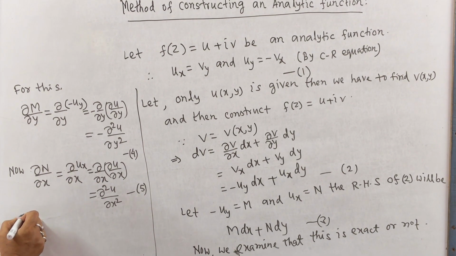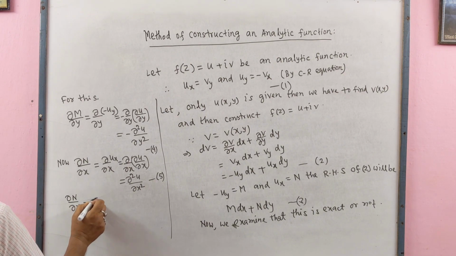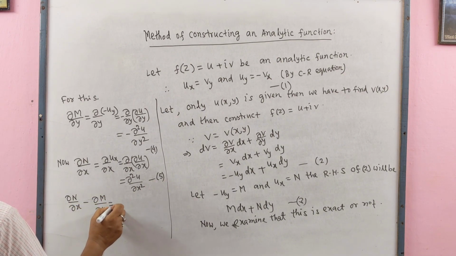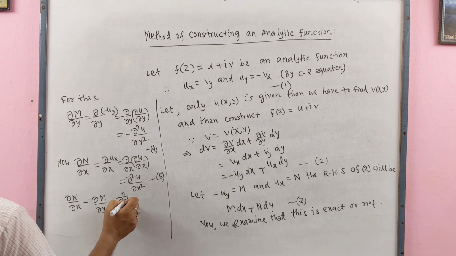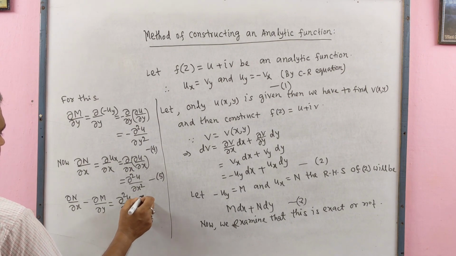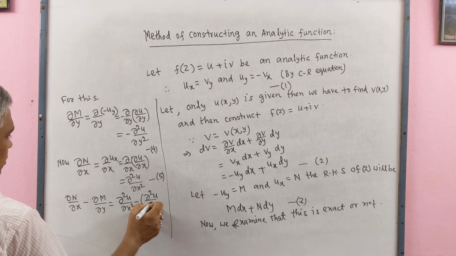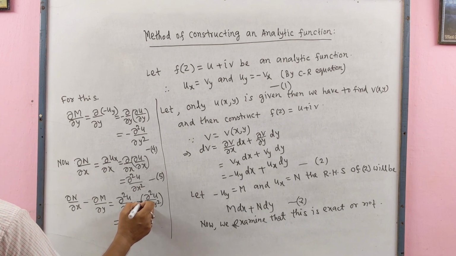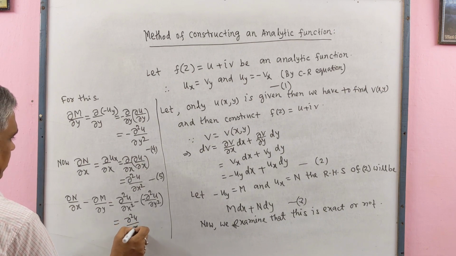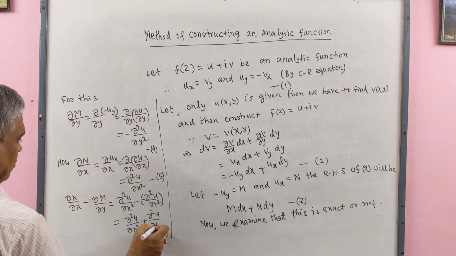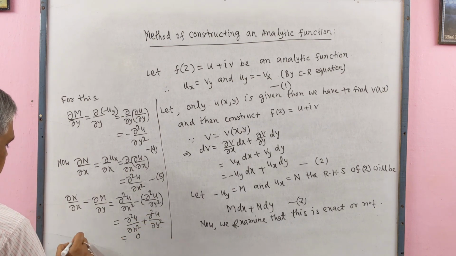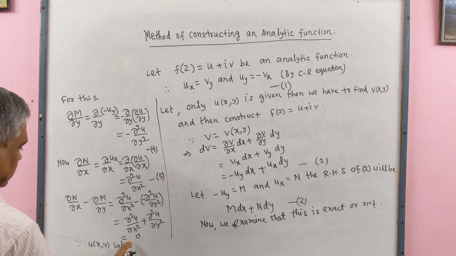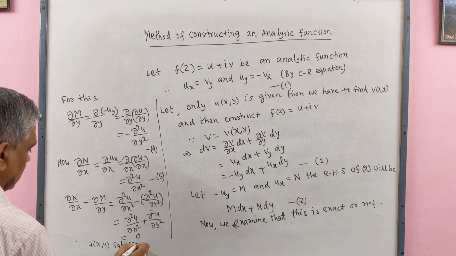From 5 and 4, ∂n/∂x - ∂m/∂y = ∂²u/∂x² + ∂²u/∂y² = 0, since u(x,y) satisfies Laplace equation.